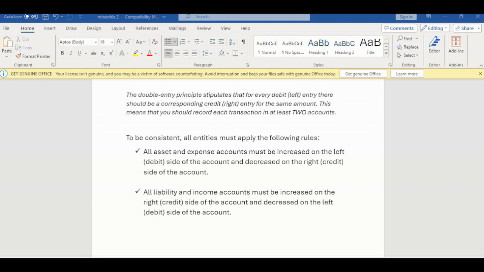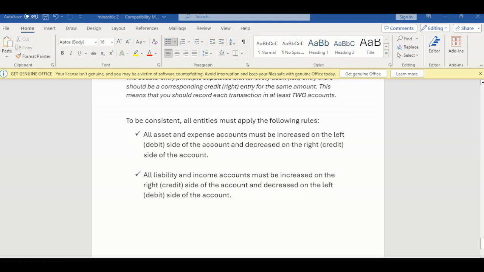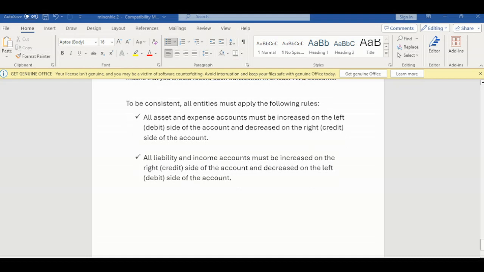Okay, assets and expenses, we are told they increase on the debit side but decrease on the credit side. Okay, all liability and income accounts must be increased on the credit side or right hand side, and decreased on the left hand side, which is the debit side of the account.